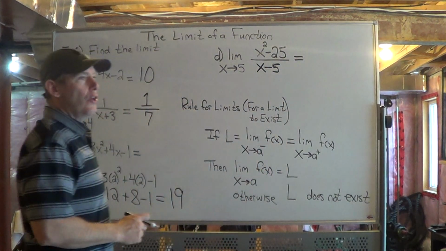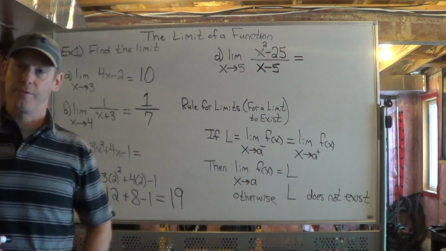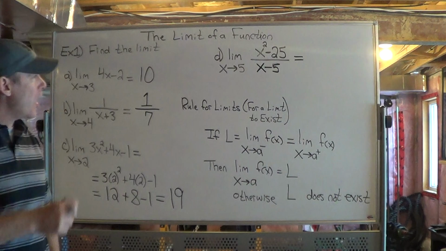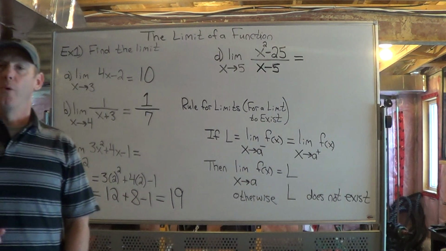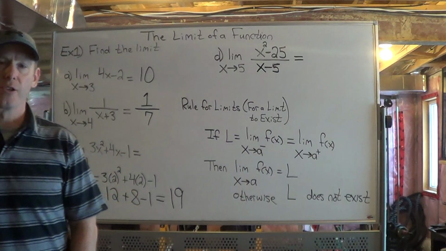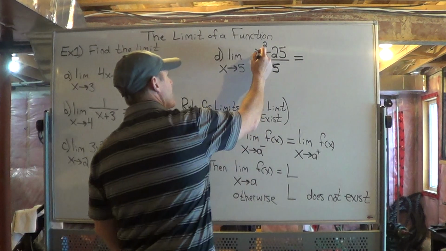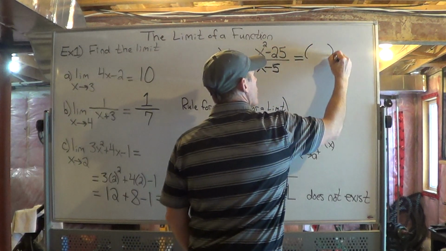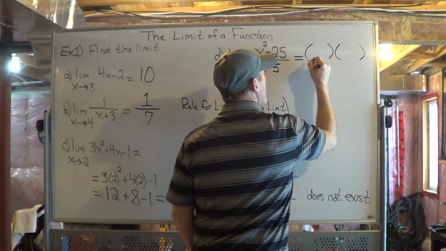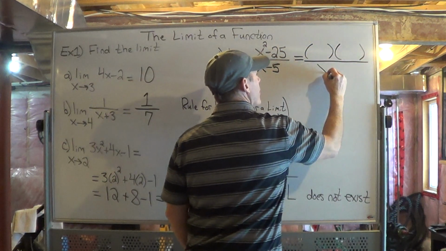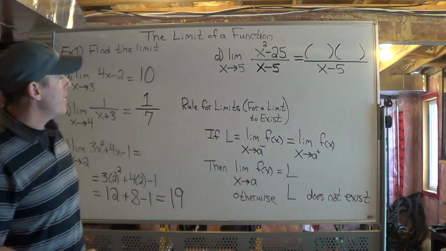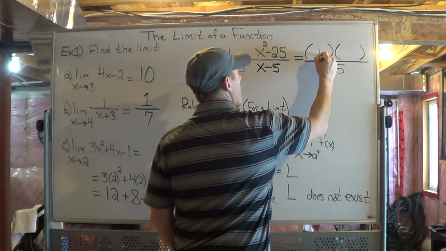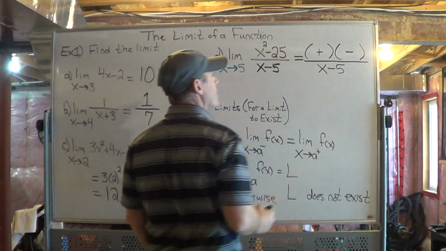What I can do is simplify this function. On the top I have x squared minus 25, which is a difference of squares, so I can factor that. First of all, you're going to have 2 brackets, and I'm not going to do anything with the bottom here. Difference of squares: one's a plus, one's a minus.